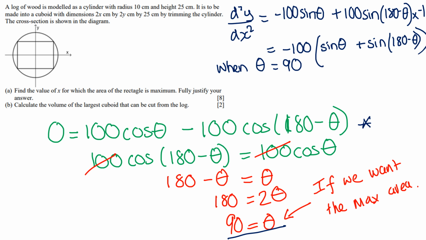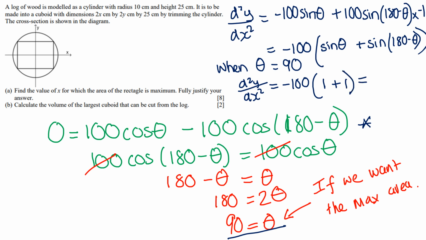Let's have a look. So sine of 90, put it in your calculator, that's 1. So we've got our d2y by dx squared equal to minus 100, and in this bracket sine theta is 1 plus, because we're putting 90 in, sine of 180 minus 90 is sine 90 again, so that's another 1.